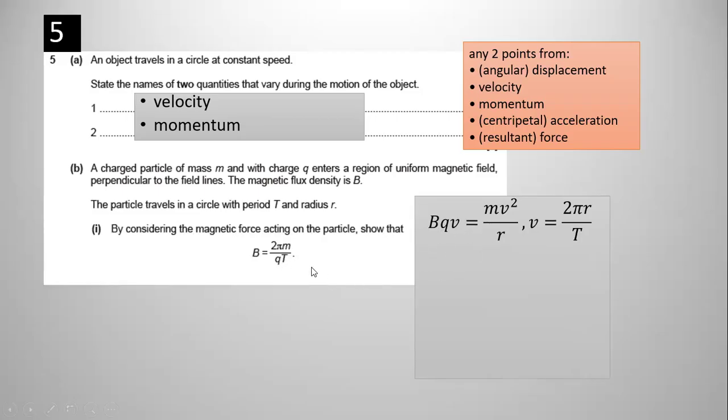And then you want T, so replace the v with 2 pi r over T. Right? So v and v will cancel off. There's still one v left. So it's 2 pi r over v, and then m and r, and T, and take q down. So cancel out r, then we get our answer.